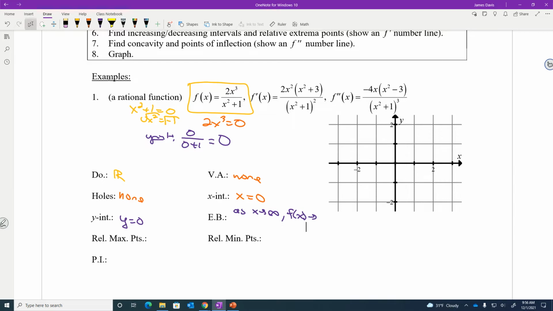So it's going to be positive infinity. It's called sign analysis. And then we'll do the same with negative infinity. As x goes to negative infinity, f of x goes to. And so we plug in a negative infinity. The top is going to be negative, right? And the bottom is going to be positive because you're going to square it. So a negative over a positive will be a negative infinity.